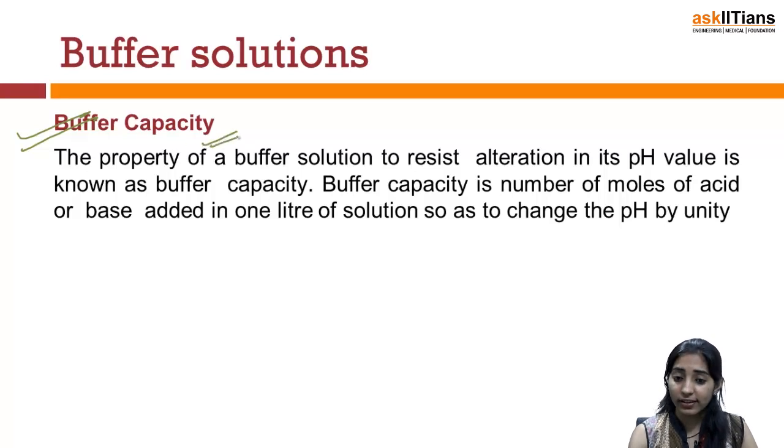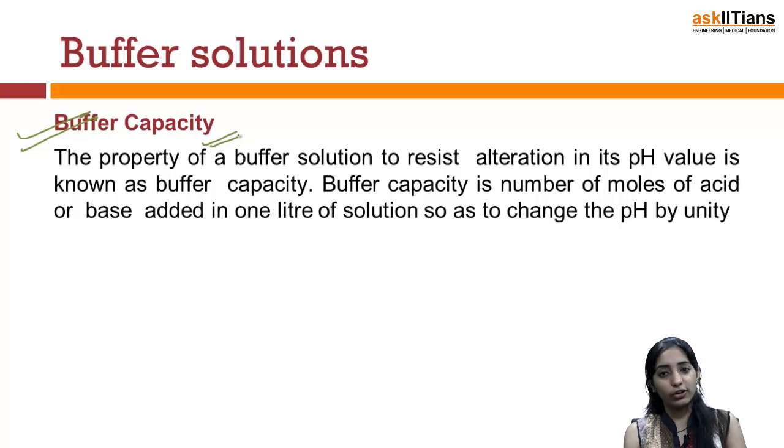Buffer capacity can also be defined as the number of moles of acid or base which should be added to 1 liter of the solution to change the pH value of the given solution by unity.